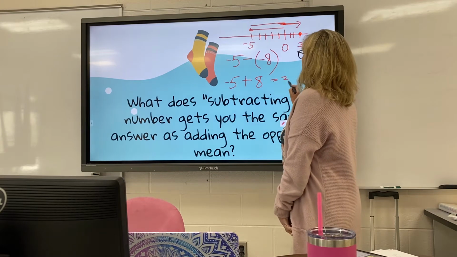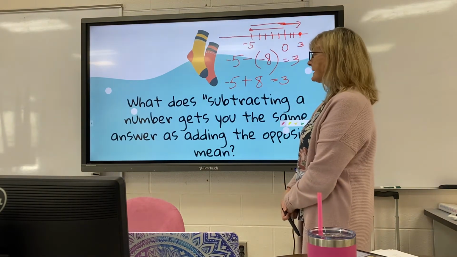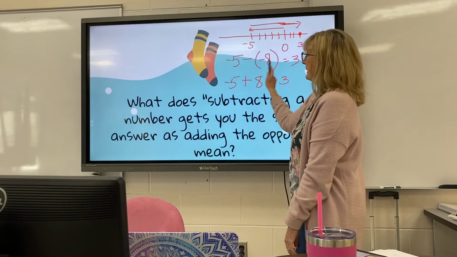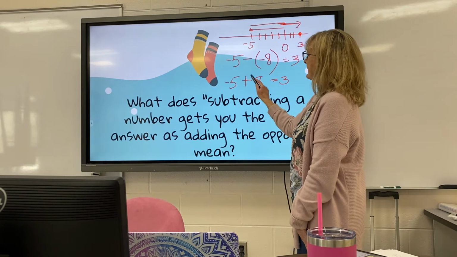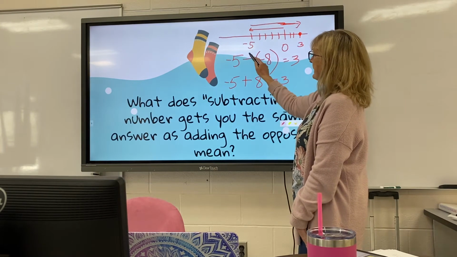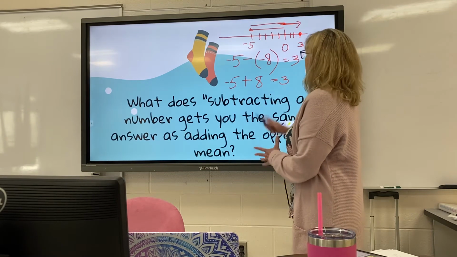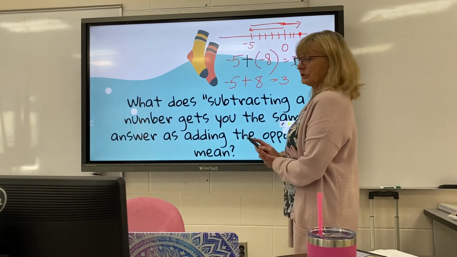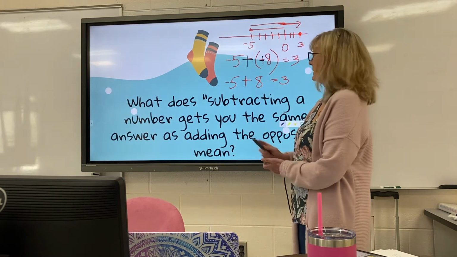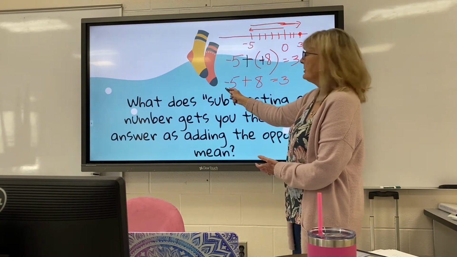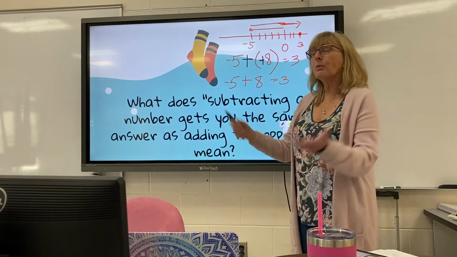And we end up with the same answer for both of them. So that is why we can say that subtracting, here's our subtraction problem, is the same thing as adding the opposite. I turned this into addition, and then I took the opposite of this, which makes it positive. So now my equation is -5 plus 8 equals 3. Now why would we do that?